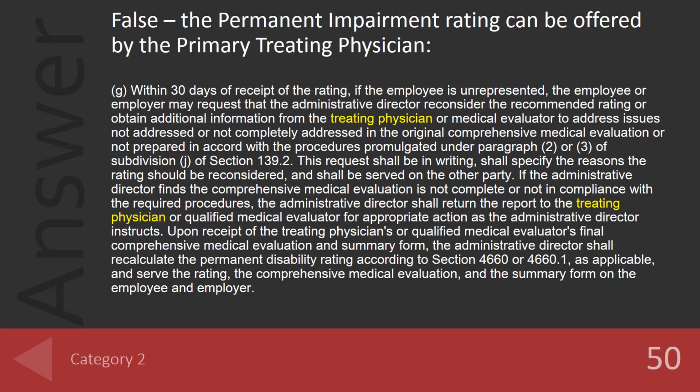And then number two is disputes over the need for future medical care. So for example, the employer may contend that there's no need for future medical care, while the employee may contend that certainly there is indeed a need for future medical care. So those types of disputes are resolved under Labor Code 4061. Okay, let's go on now to Labor Code 4062.